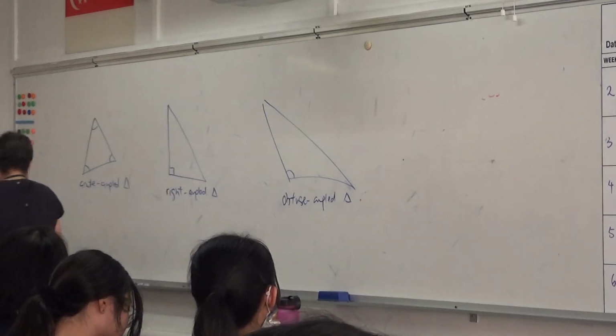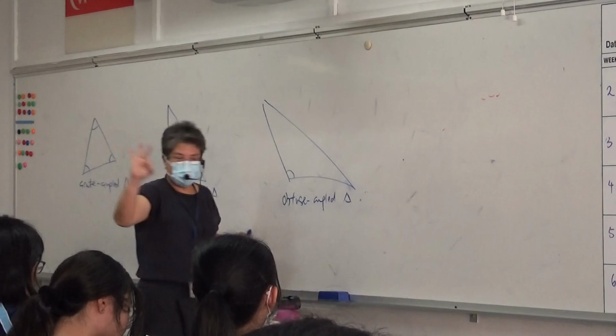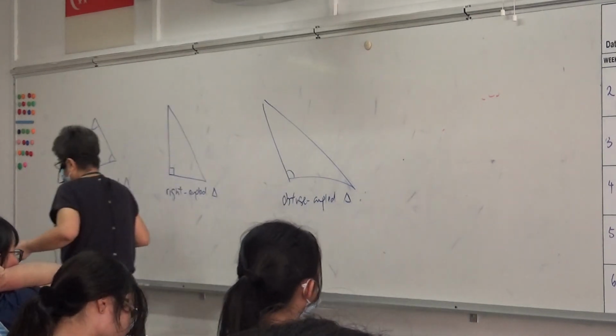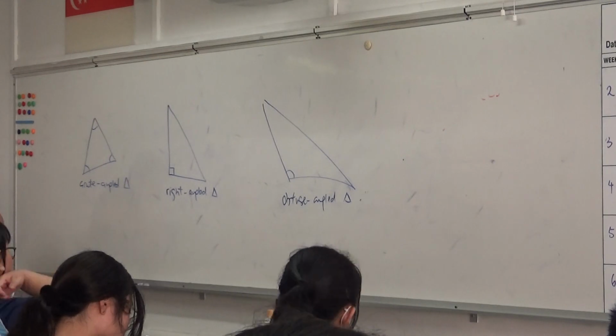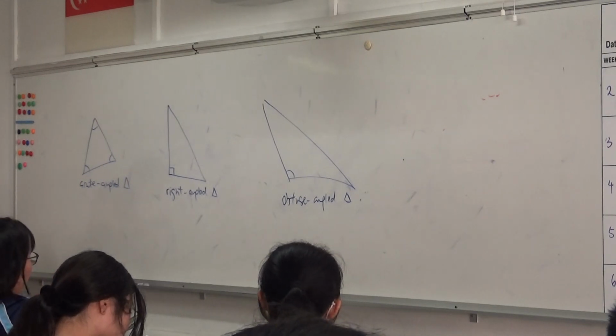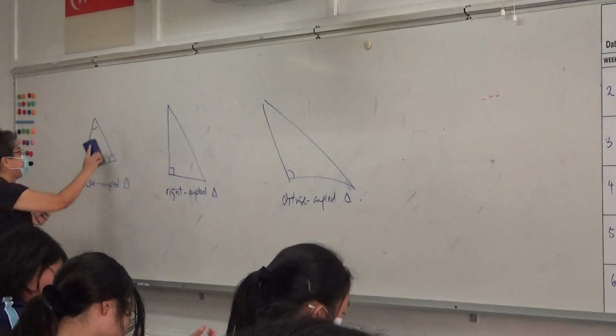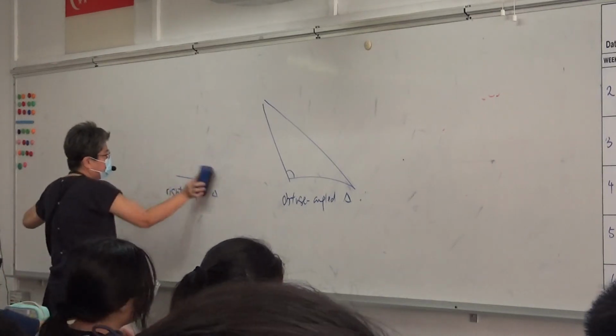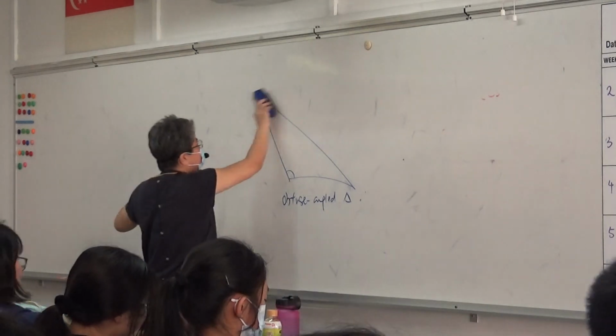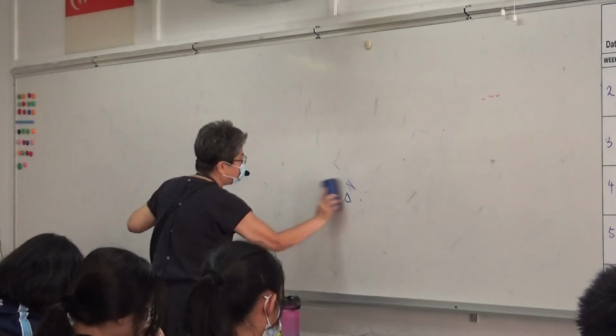Now there are three properties that we need to know for triangles. Can all of you turn to page 100? I want to talk about some properties here that we already know and some that we do not know.